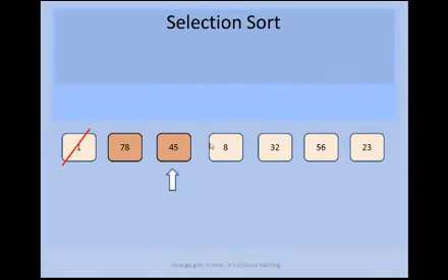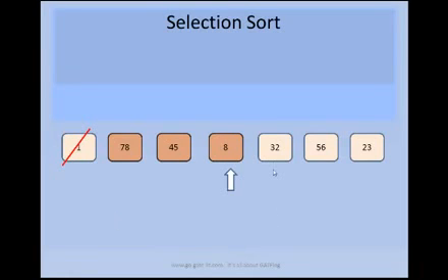We compare the rest of the elements, 8, 32, 56, 23, with 45. When 45 is compared with 8, we find that 8 is the smallest, so we update the pointer again. Now our pointer points to 8, the minimum element.